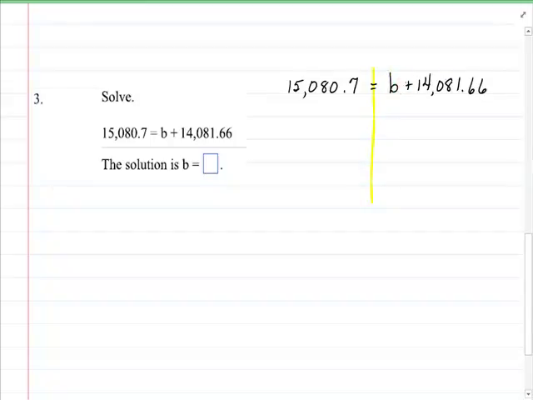So the number I want to get rid of is this one. Now I'm going to write something a little differently this time. If I want to get rid of this, I'm going to subtract it underneath. But if I subtract it here, I have to subtract it here.